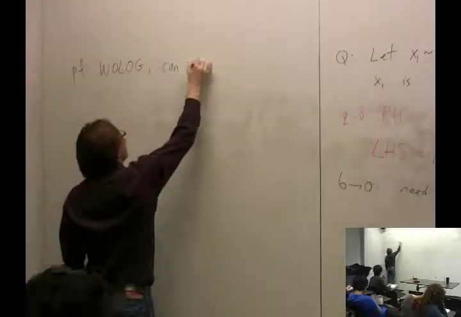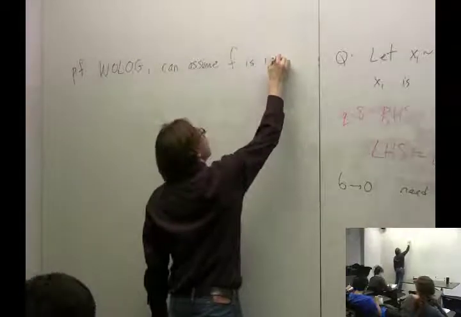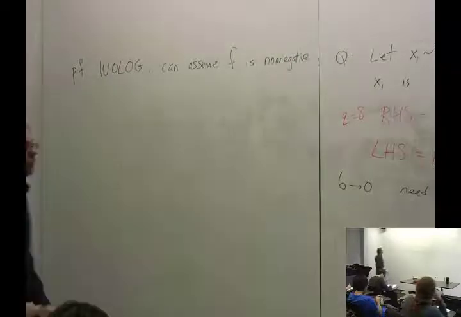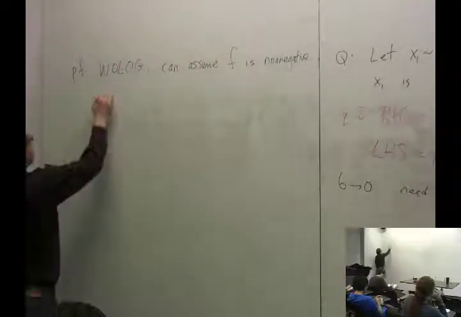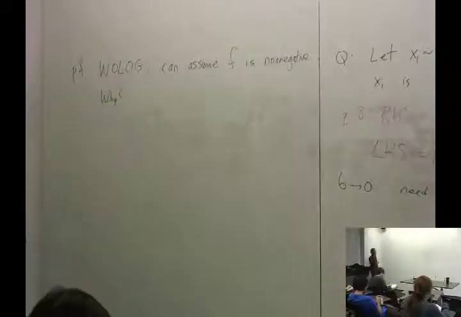Okay, so we have to prove this for all functions on the one-dimensional Boolean cube. First I claim that without loss of generality, we can assume that this function f is non-negative. Why is that without loss of generality? Suppose we prove it for all non-negative f.